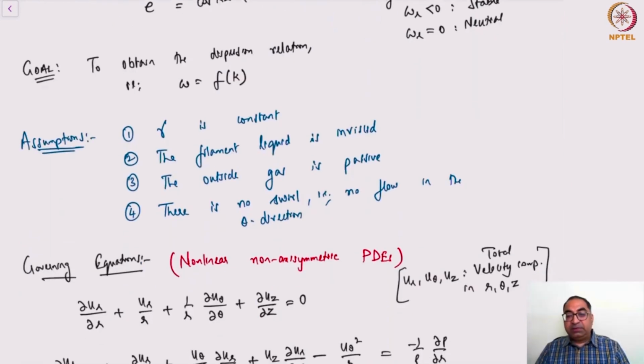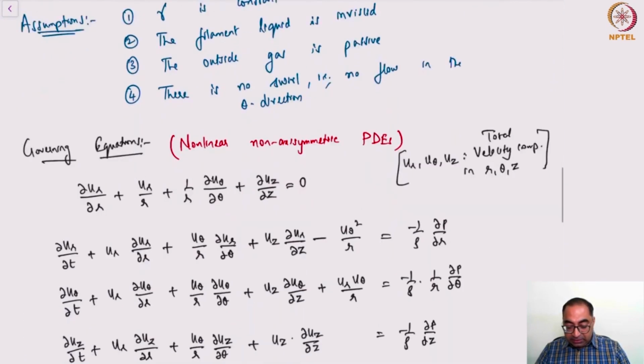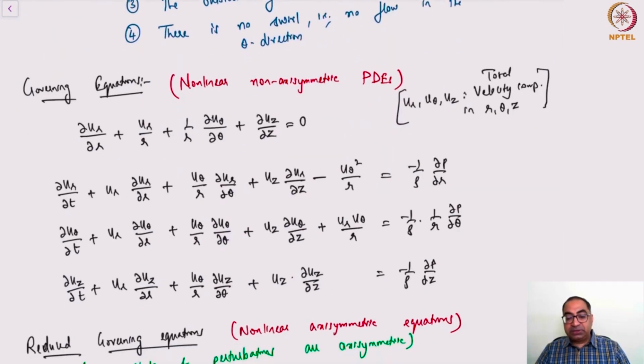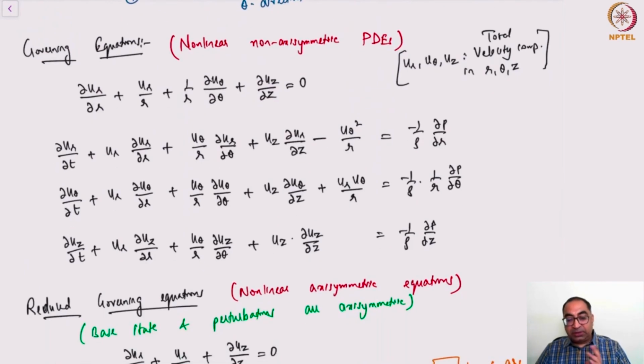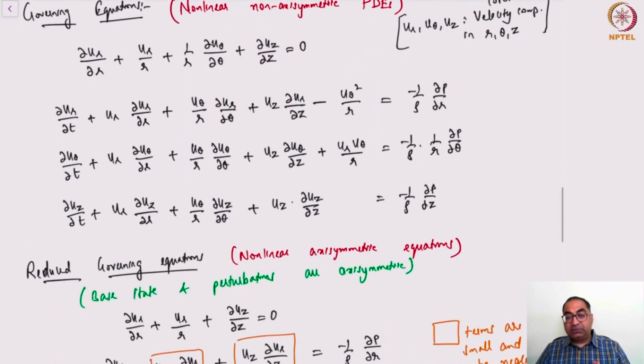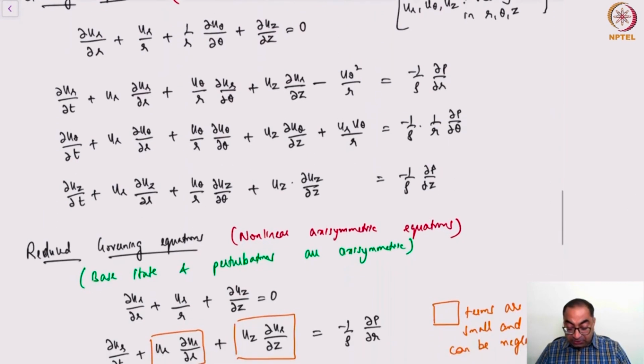Several assumptions are made. We assume that the system is inviscid. The outside gas is passive. There is no swirl or twist. And we wrote down the governing equations, starting with the Euler equations. These are inviscid Navier-Stokes equations in the cylindrical polar coordinates. They're non-linear, non-axisymmetric equations. All possibilities except that viscous terms are not important.